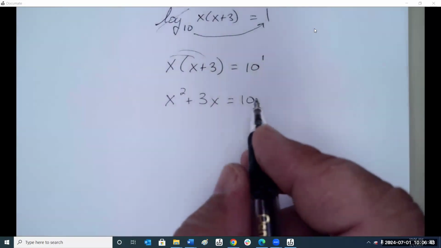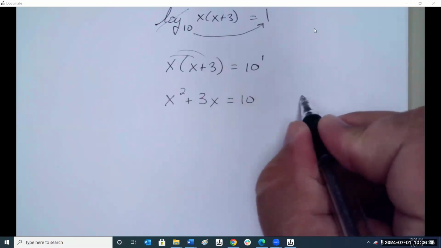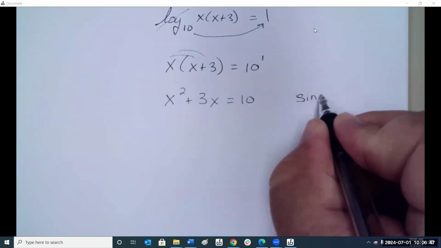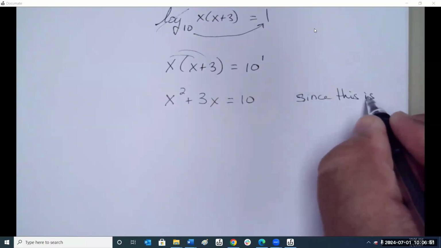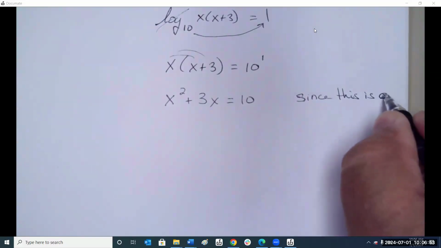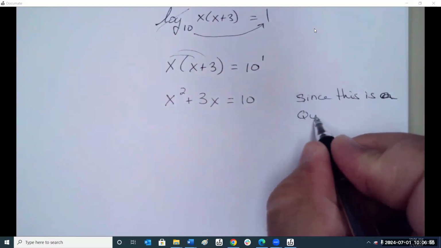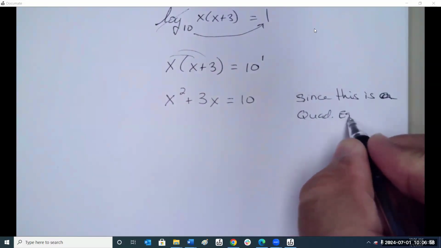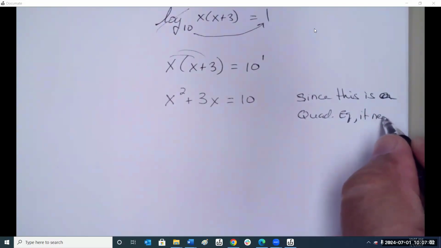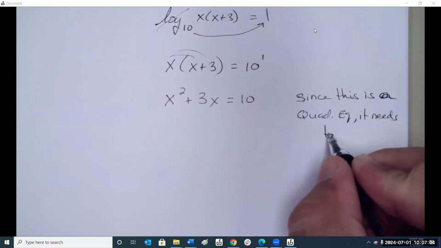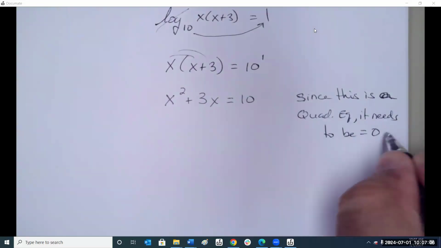It's quadratic, so since this is a quadratic equation, it needs to be equal to 0.